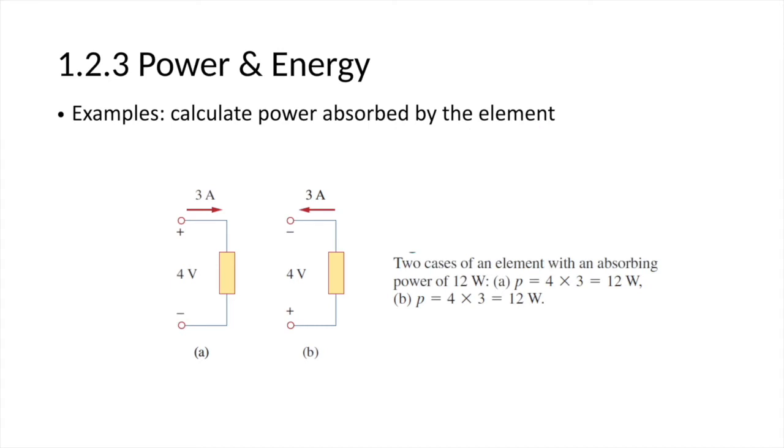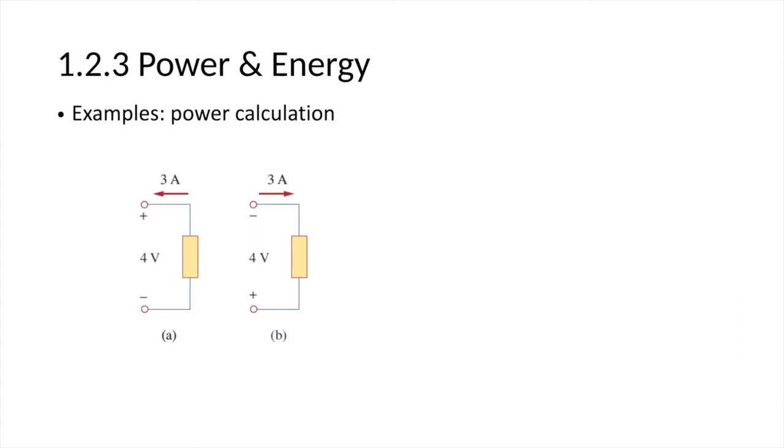Let's take a look at another example. In the second example, figure A, we can see that it does not match the passive sign convention, because if it matched, the reference direction of the current should be this, right? But here the reference direction is opposite.